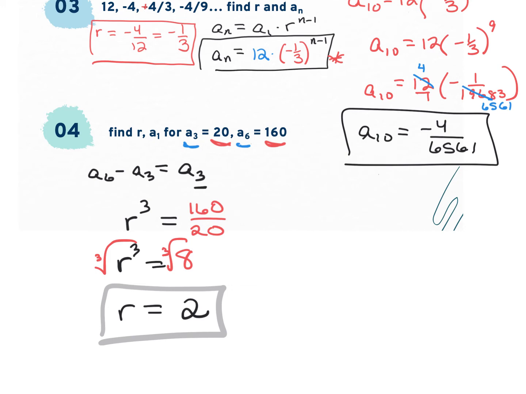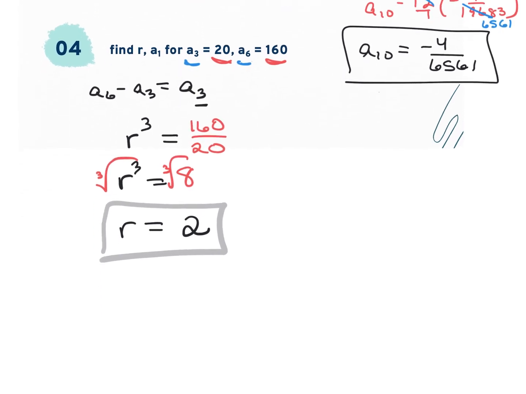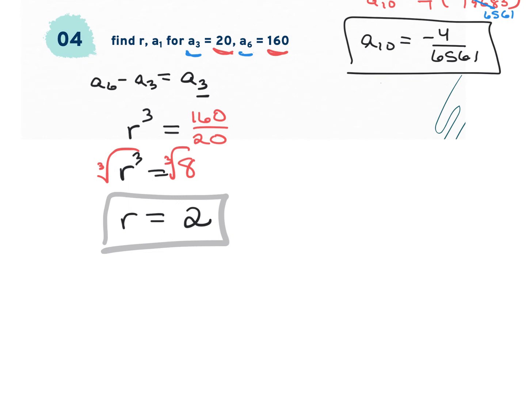All right, let's keep going here. Now we want to find the first term. Since this is really close to the beginning, we have a sub 1, then a sub 2, a sub 3, and then the next one they gave me was a sub 6. So that's 160. This was 20.